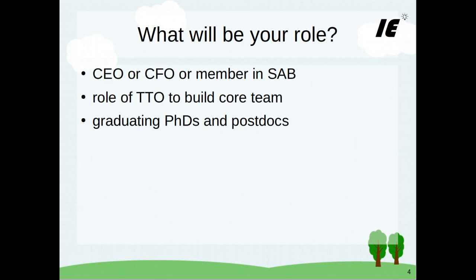Now this is a very important step. Considering that the TTO or a similar kind of entity in your university has given you the go signal, the question is what kind of role you want to take in the newly formed company or startup.